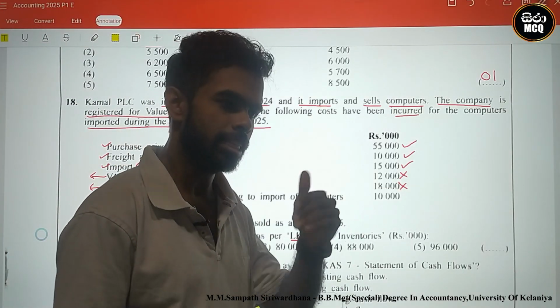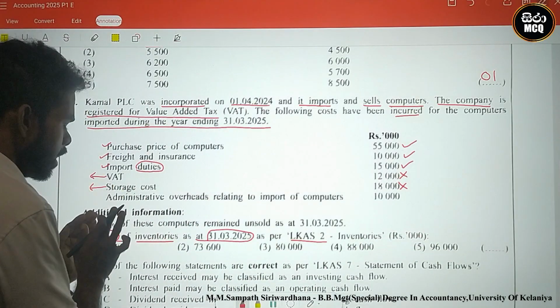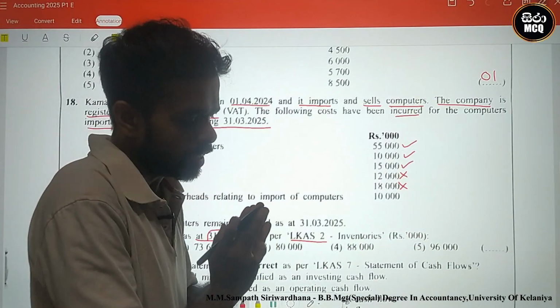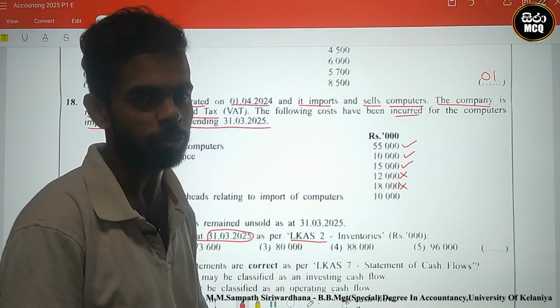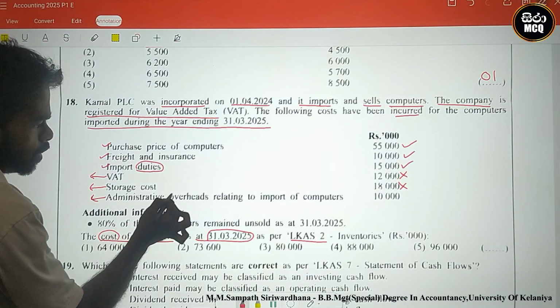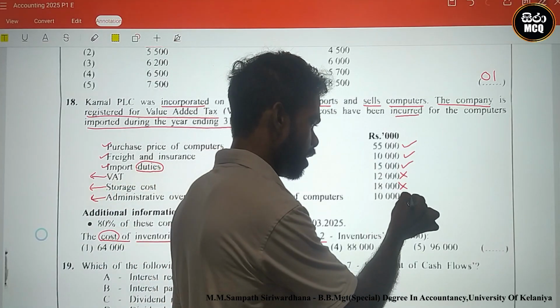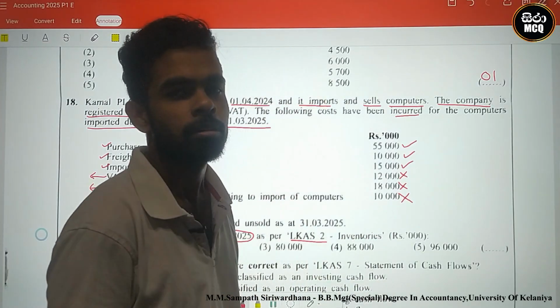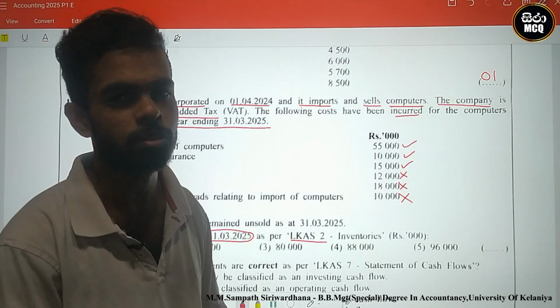Okay, this is the additional administration cost. We cannot include it. Why? It is not a directly attributable inventory cost. Look here, administrative overhead relating to the import of computers, we cannot include. This is an administration cost. Therefore, we cannot identify it as an inventory cost.